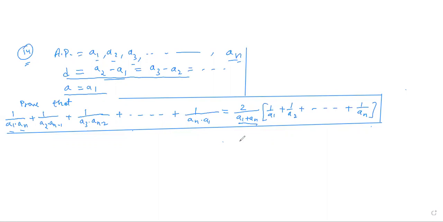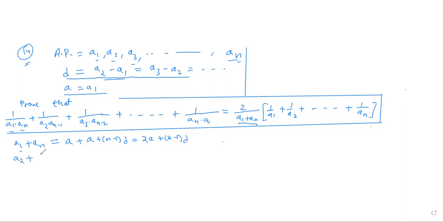A1 plus An means the sum of the first term and the last term. In previous sessions, we have discussed this relationship: A1 is A and An is A plus n minus 1 into D, so the sum is 2A plus n minus 1 into D.